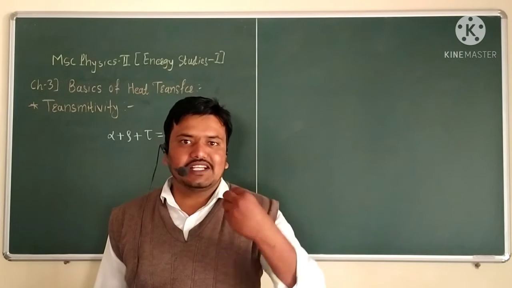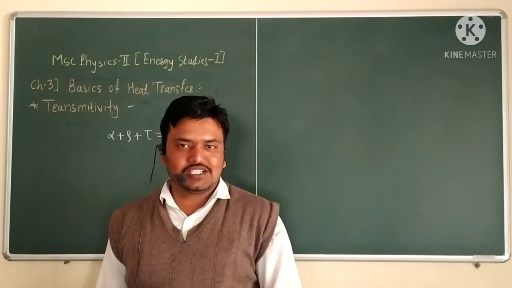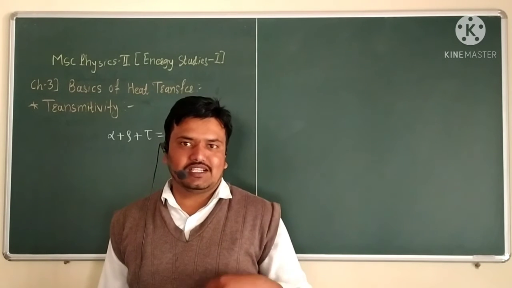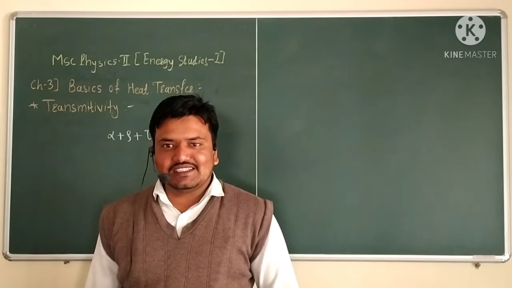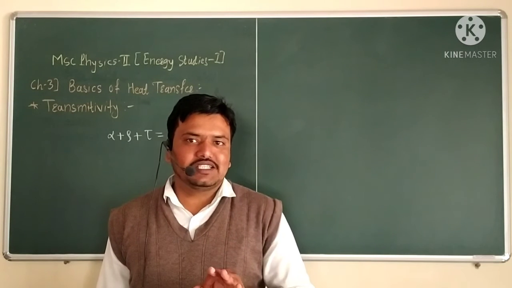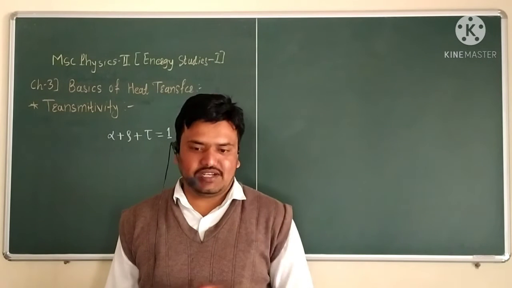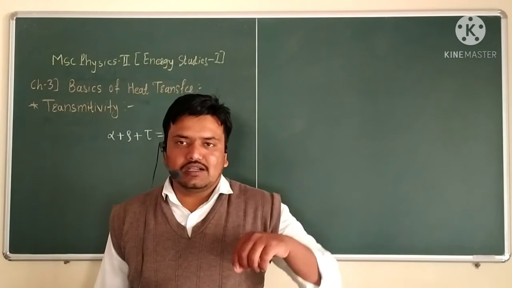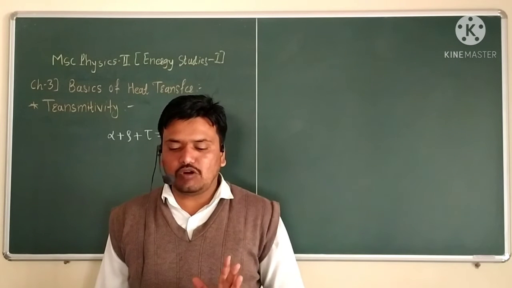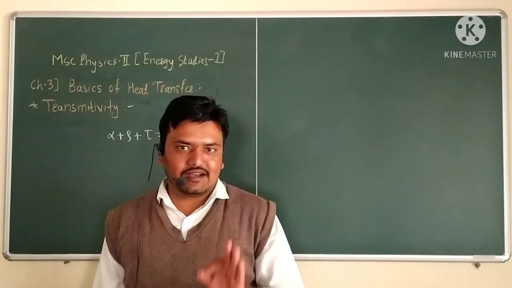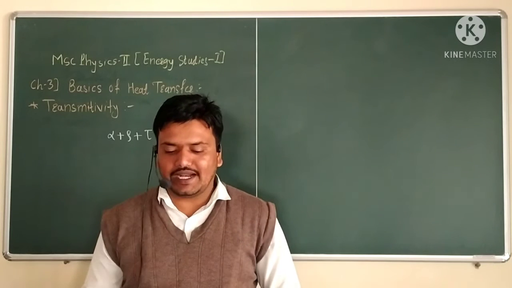The sum of absorption, reflection and transmittivity is equal to 1. Generally, transmittivity, like absorption and reflection, is a function of wavelength and the angle of the incident or incoming radiation.